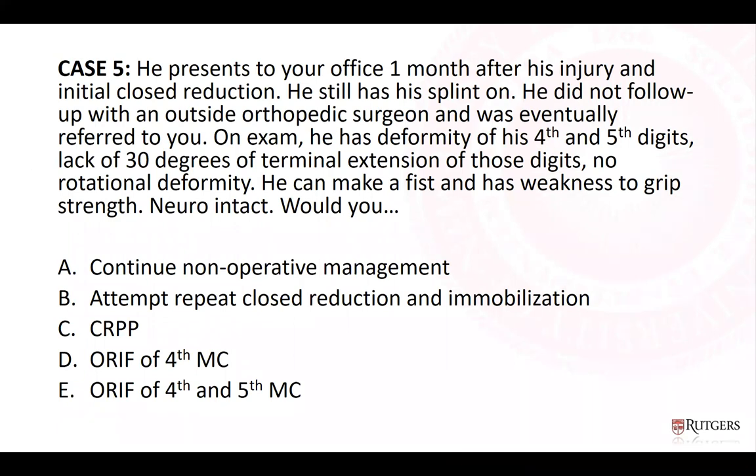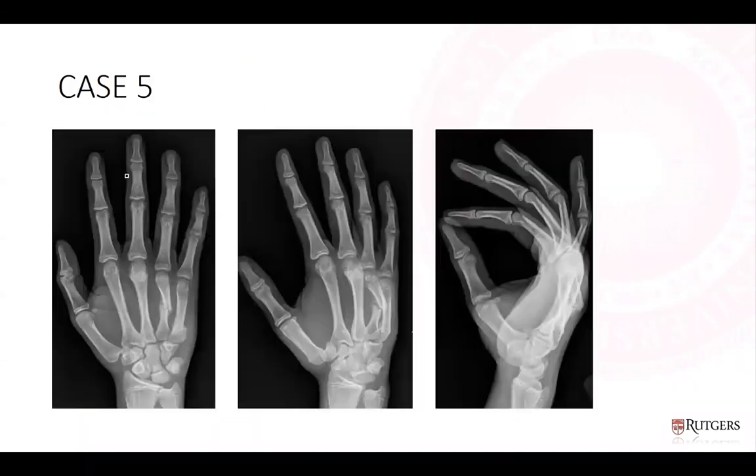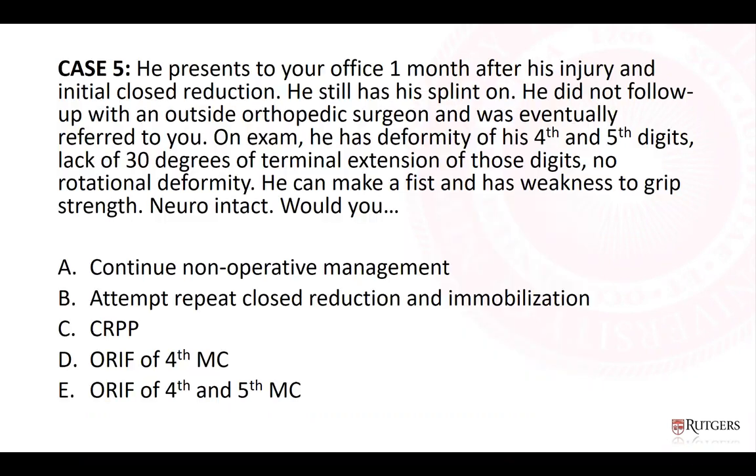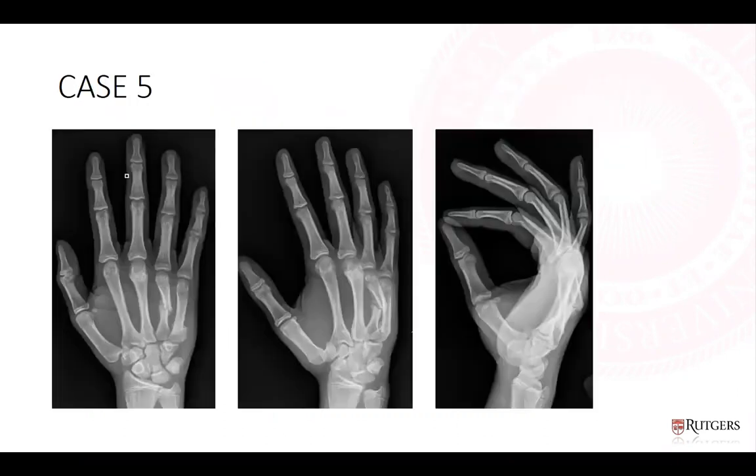Okay, would you expect a 30-degree extensor lag in an angulated fracture, 60 degrees? Yeah, you would. Why? Because you have kind of a pseudo-clawing deformity so that you lose extension.